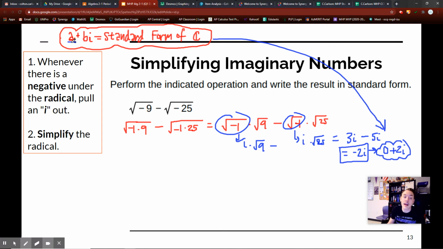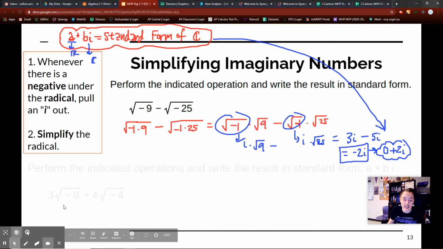Remember, my a is my real part, and then my bi is my imaginary or complex part. So that's how you solve it. I am not going to solve it like that every single time. That's annoying and it's boring. I'm just going to simply look: you see a negative in there, you pull out an i, and then you start simplifying.